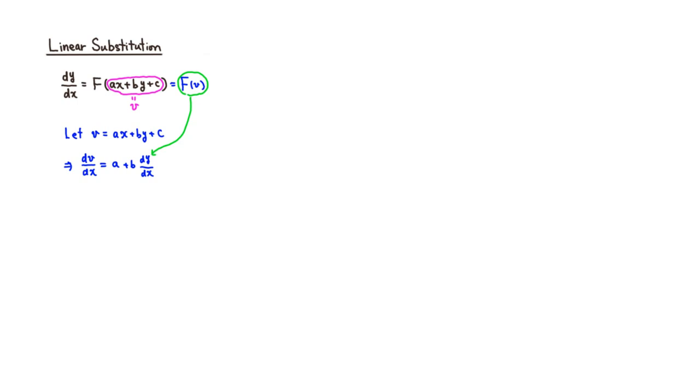Then we have this new equation, dv over dx is equal to a plus b times f of v. So as you can see, the right hand side is written all in terms of v, no other variables.